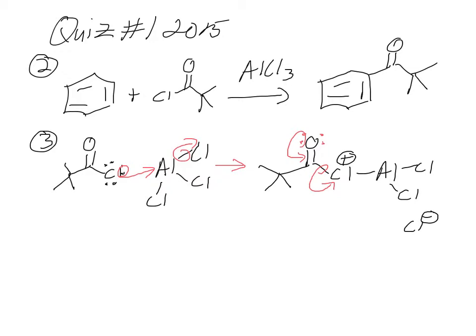So now who lost electrons? If we go to the other side, the oxygen lost electrons. So now there's a triple bond there, and the plus charge should be on the oxygen. You've regenerated your catalyst, and Cl minus is still floating around.